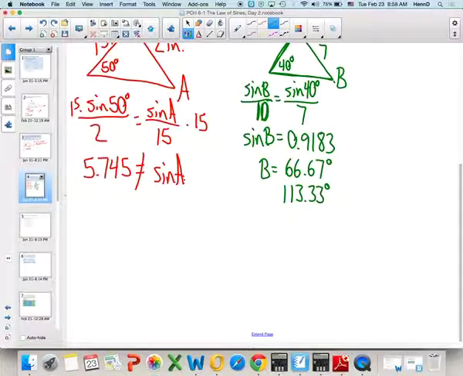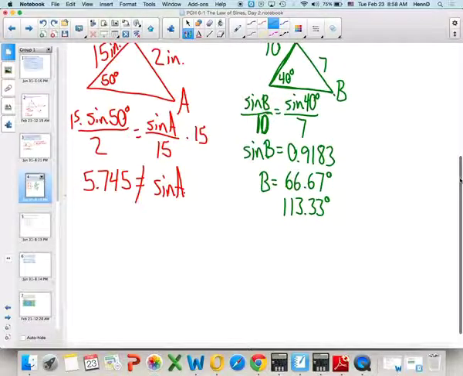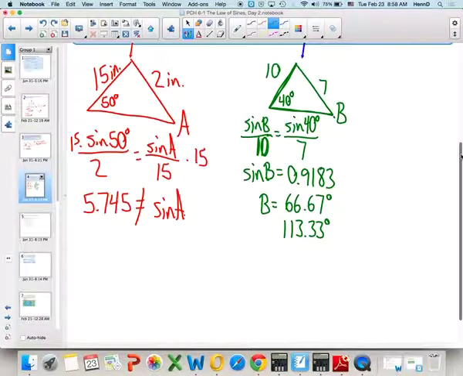The question is, will the obtuse one be possible? Let's try drawing this and make it look like a 113.33 degree angle. We could have 66.67 right there.